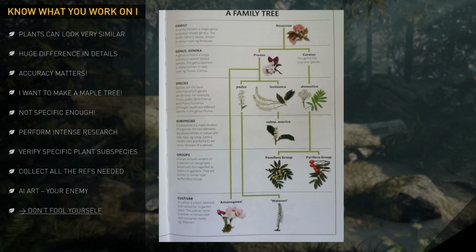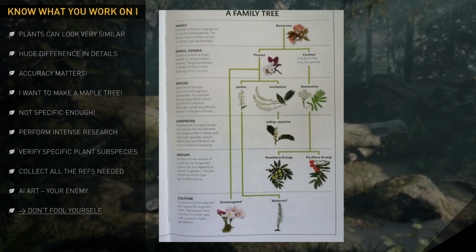All right, then a bit of background information that I also want to give here. Not going too much into detail, I have a few pictures of my tree books here, which give you a little bit of insight into what foliage is about, so to say. So what I want to mention here is that plants can look very similar, but there's often a huge difference in the details, and therefore accuracy matters.